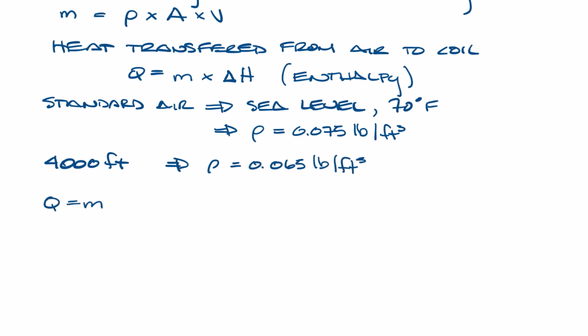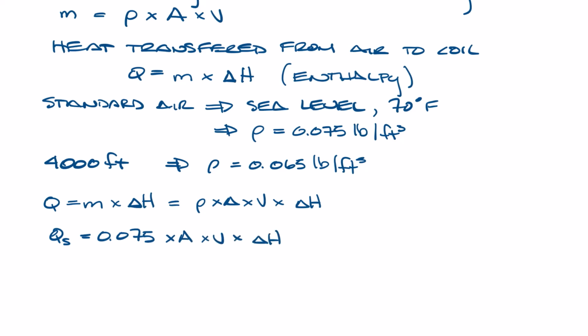So Q equals m times delta H, which is equal to rho times A times V times delta H. So for standard air, it's 0.075 times A times V times delta H. And for our air at altitude, Q sub A, is 0.065 times A times V times delta H.